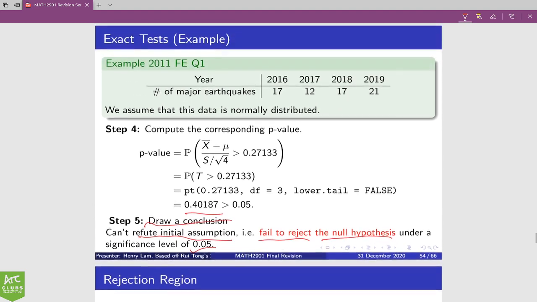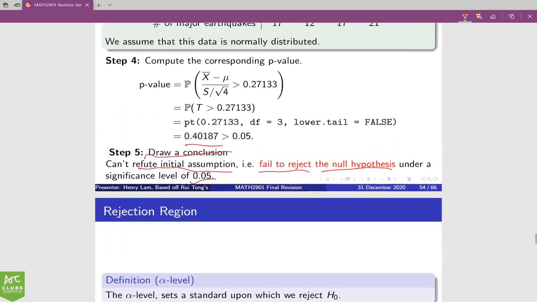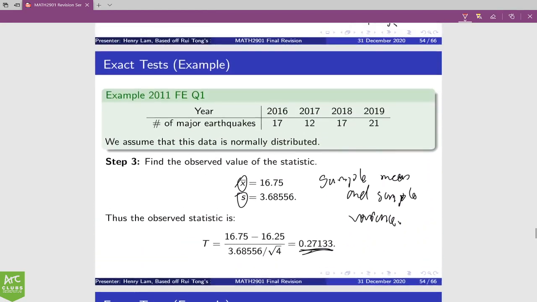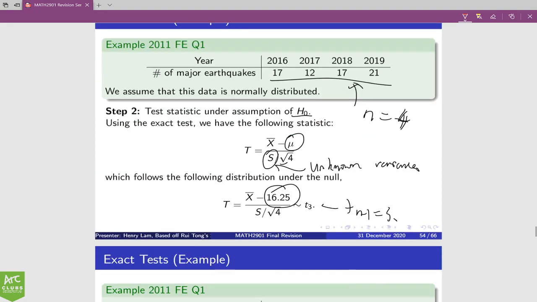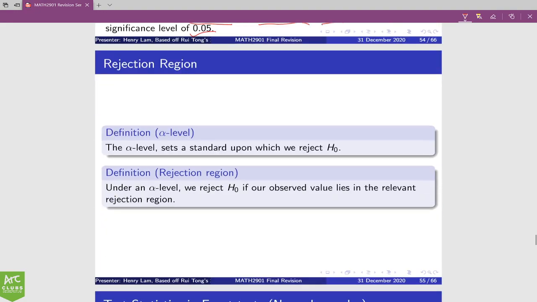And that's how you do p-value hypothesis testing. You need to figure out the distribution under the null, find the observed value, and compare it to the relevant p-value.